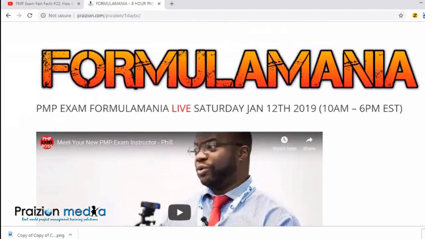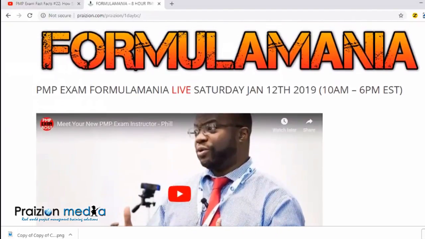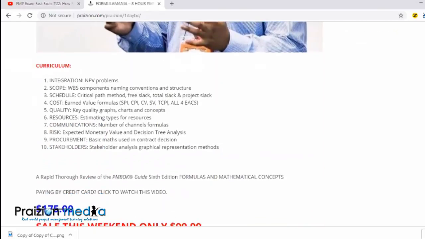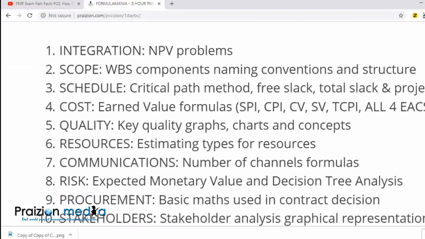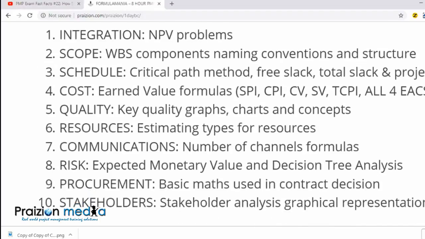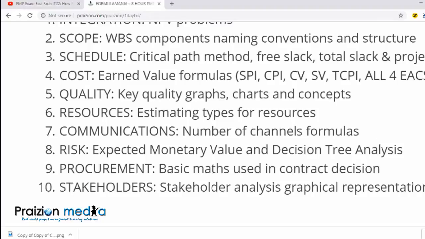You could get a bunch of formulas, and that's why FORMULAMANIA is advised for you to really come and sharpen that saw, for you to get these bad boys under control, these suspects on the screen: NPV, critical path, EVM or EVA if you will, quality graphs and charts, types of resource estimating, number of channels formula, decision tree analysis and EMV, basic math used in contract type questions, and stakeholder analysis.